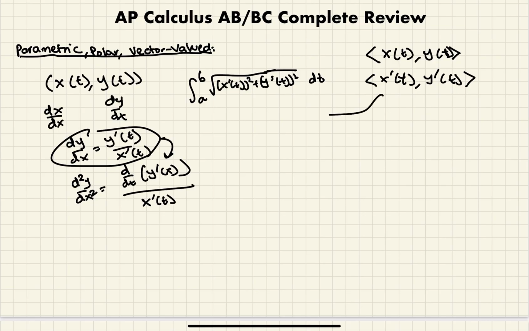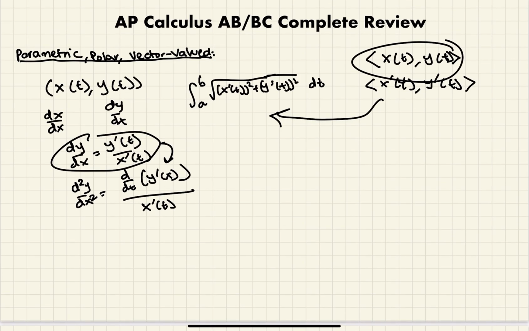Now, what's interesting is this arc length formula is going to give you pretty much the distance traveled by an object that moves with these position values. Vector valued functions and parametric equations are the same thing, but vector valued is usually in terms of position, velocity, and acceleration. Parametric can pretty much be anything. So this arc length formula is literally just the distance traveled on that path. It's just the square root of the speeds, the x and y components of the speeds.